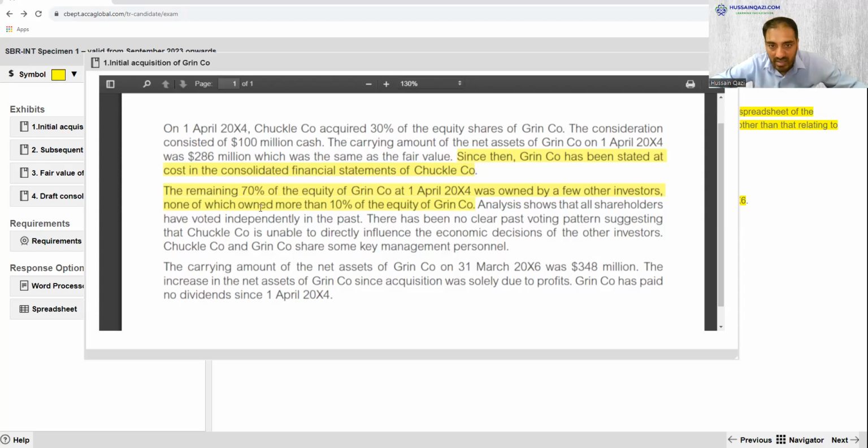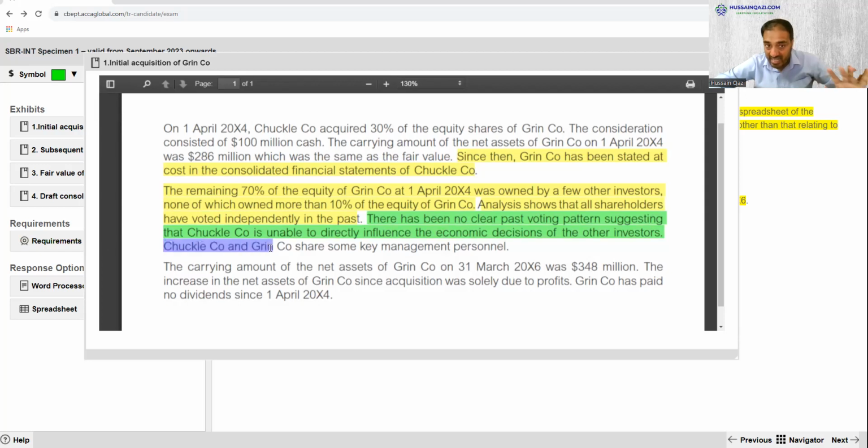That needs to be considered. Further, analysis shows that all shareholders have voted independently in the past, and there has been no clear past voting pattern, suggesting that Chuckle is unable to directly influence the economic decisions of other investors. That's a very critical point.